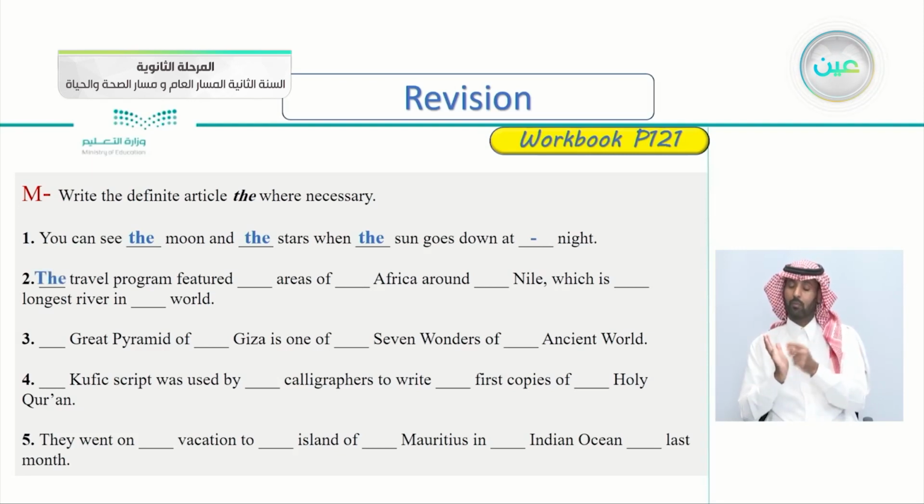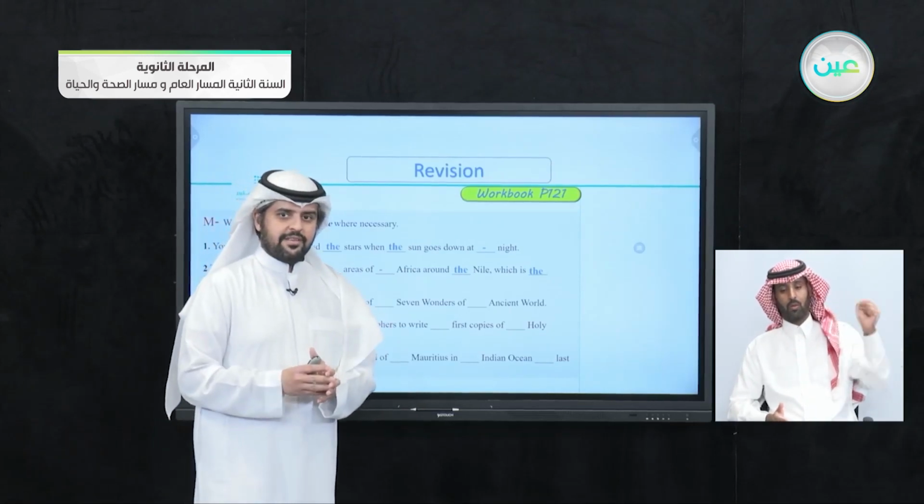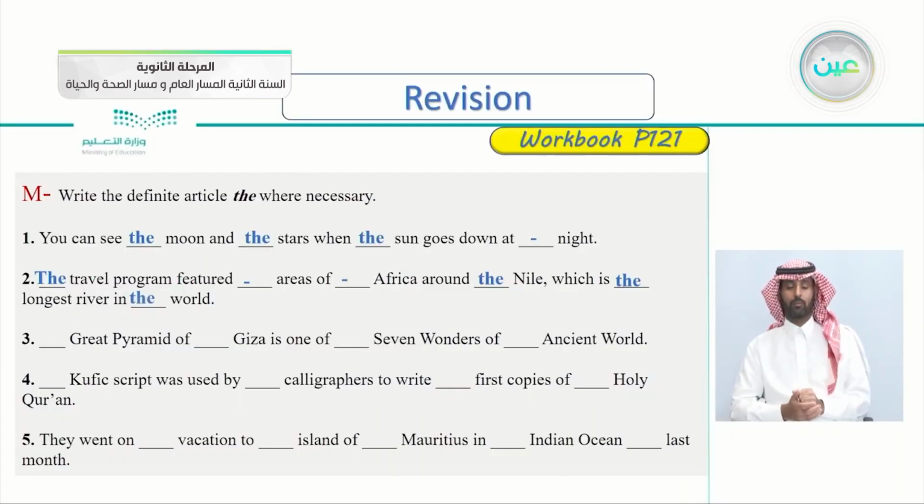Yes, the travel program featured areas of, yes, without the, areas of Africa. Do we say the Africa? No, of course. Areas of Africa around the Nile River, yes, the Nile, which is the longest river in the world. Do we say in world or do we say in the world? Yes, that's correct, in the world.